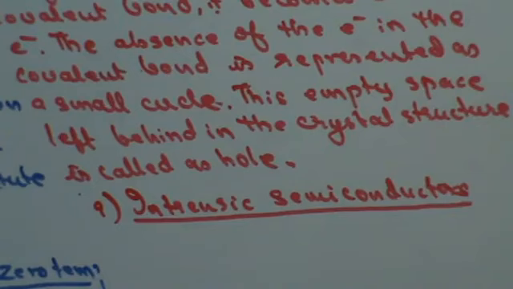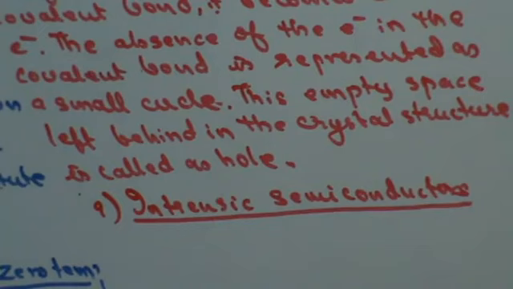This is because the energy required to break their covalent bond is very, very small. In the case of germanium, you require only 0.7 electron volts, whereas in the case of silicon, you require 1.1 electron volts. Let us consider germanium in a crystal lattice.